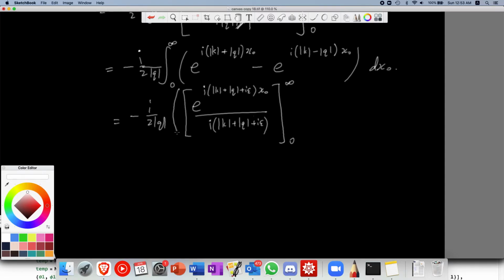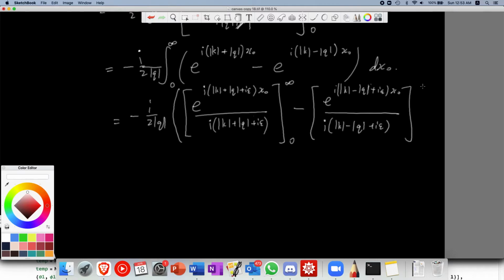And we do the same thing for the other one. So we have minus e to the power of i k minus q x naught. We need to insert this plus i epsilon x naught over i k minus q plus i epsilon.